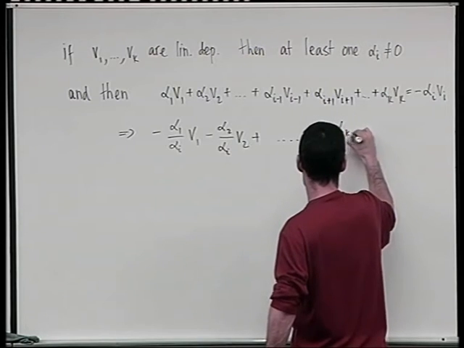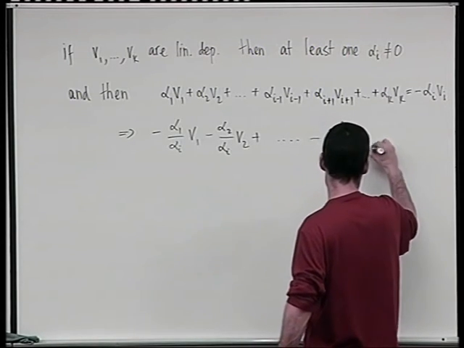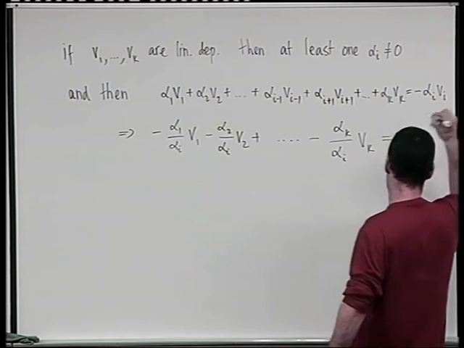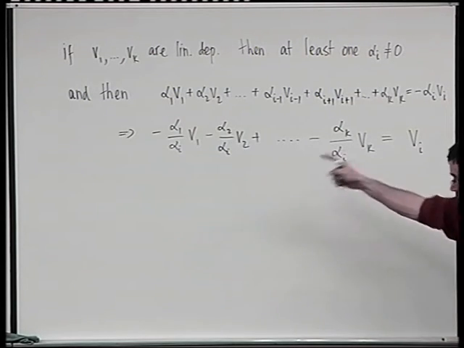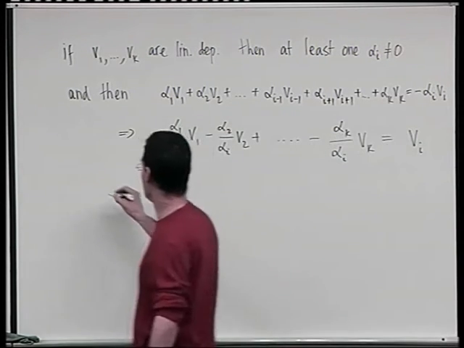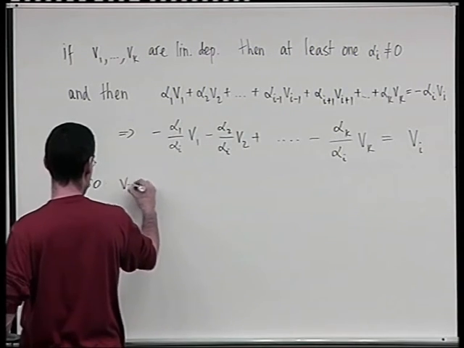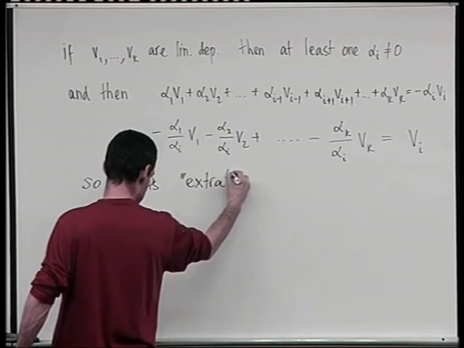Plus alpha k, or minus alpha k over alpha i vk, equals vi. I just expressed vi as a linear combination of the others. Vi was extra. I didn't really need him. He's generated by the others. Okay? So vi is what we called extra.